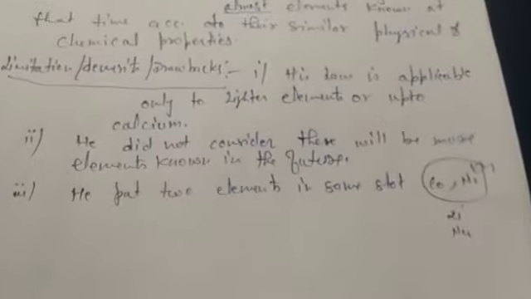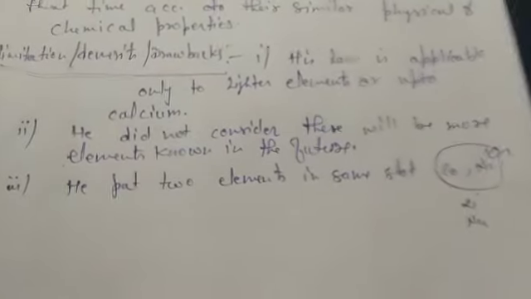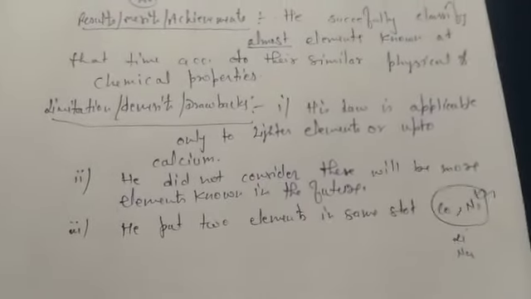So three limitations I have told you about Newlands. First, his law is not applicable to all the elements. He didn't consider that more elements would be known in the future, and he put some elements in the same slot, which is not according to the properties. Even their properties are not matching with the existing elements.